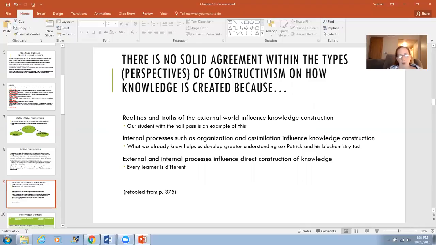Also, internal processes such as organization and assimilation influence knowledge construction. So what we already know helps us develop greater understanding. For example, and this is actually an example from last fall, I had a student, Patrick, who was saying, yeah, you know what, at first ed type exam, it's really hard, but he got 95% on his biochemistry test.